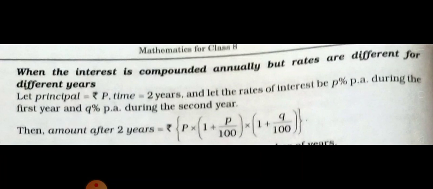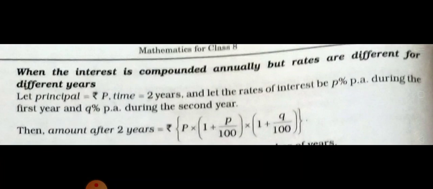It means that for different rates, you have to apply different factors. Here you can see P into 1 plus P by 100, that is for the P%, into 1 plus Q by 100, that is for the Q%. So for different rates, you have to apply different factors.